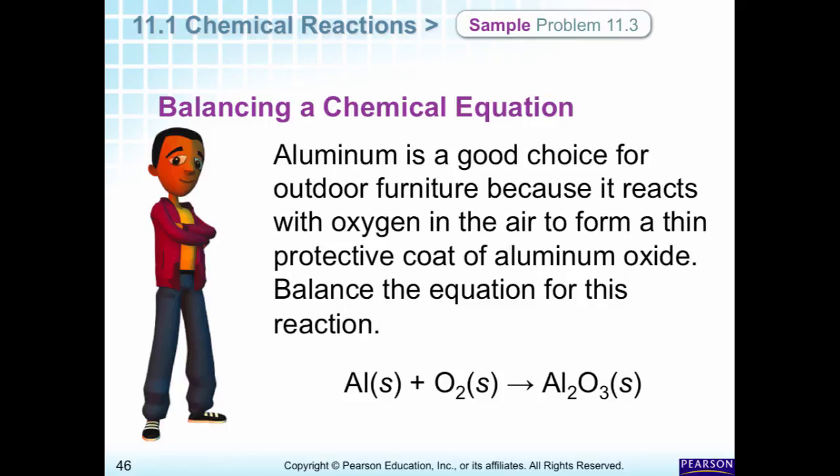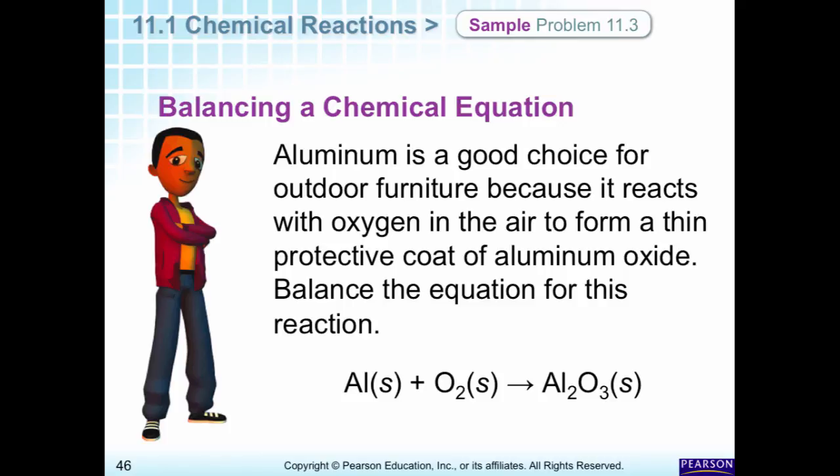This protects the underlying copper from corrosion. The same thing with aluminum. It forms a whitish aluminum oxide, which also protects the aluminum from further oxidation or rusting.